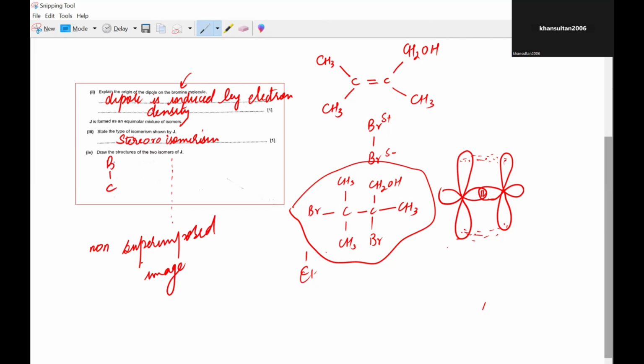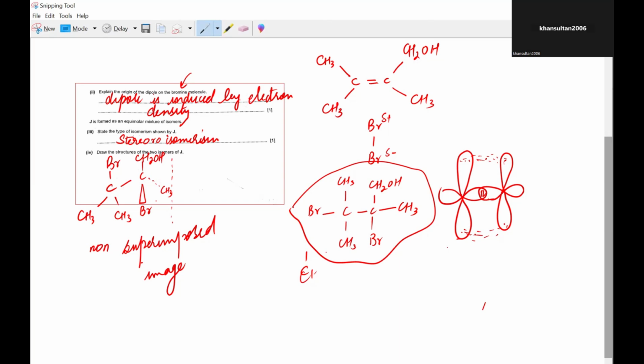Carbon at the center, with bromine and CH3 on one side, and at the top there would be CH2OH, going out of the paper and into the paper, and this is CH3, and this Br would be here. Okay, the first structure would be like this.